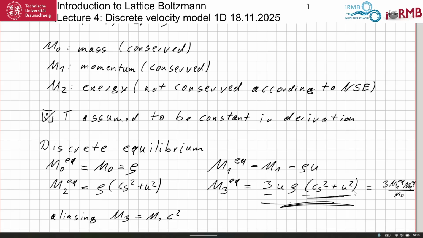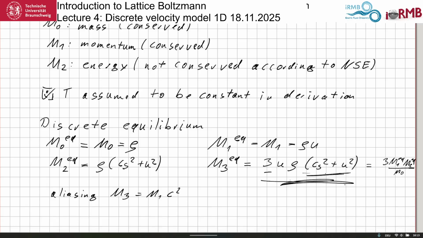So we are actually bound to having small velocities in the reference frame of our grid. If we have small velocities in the reference frame of our grid, we can now assume that u to the cube should be small. So this is our assumption that we make.